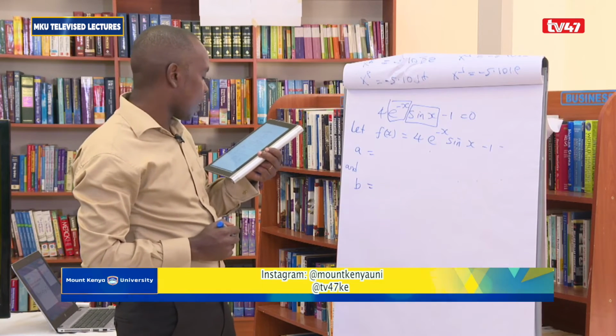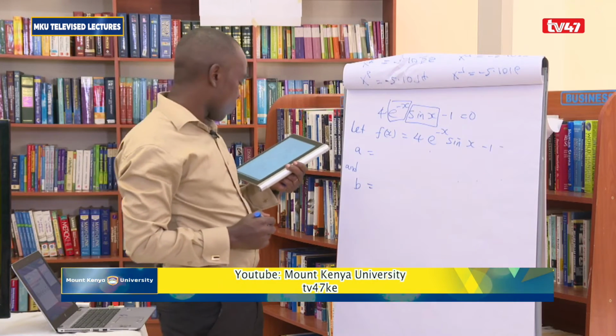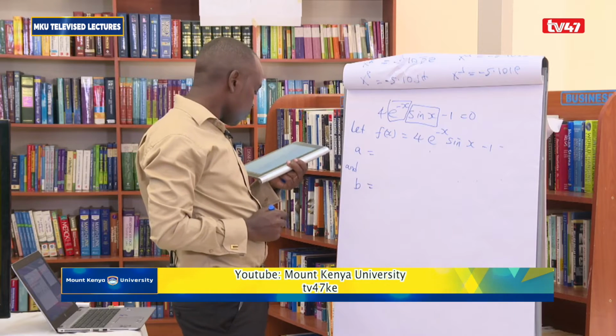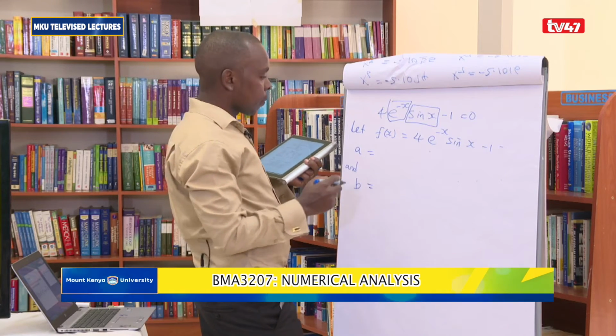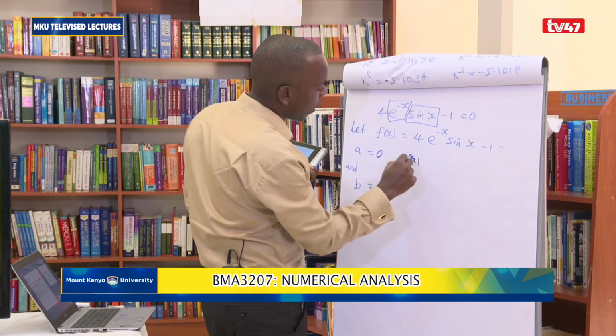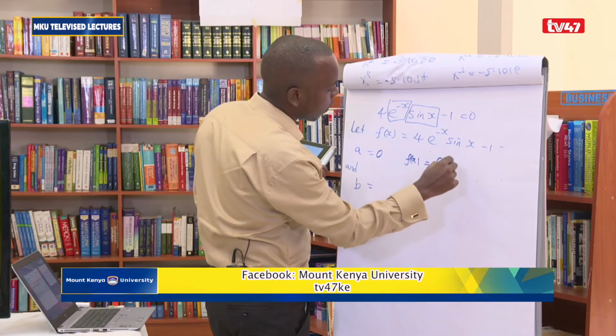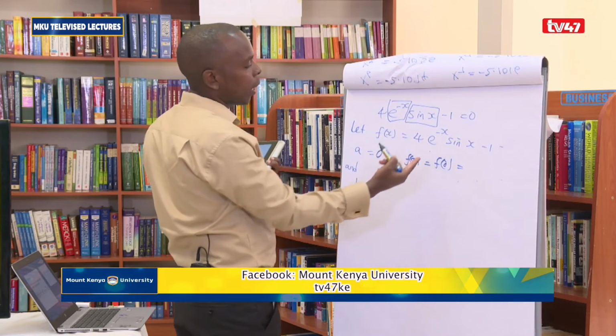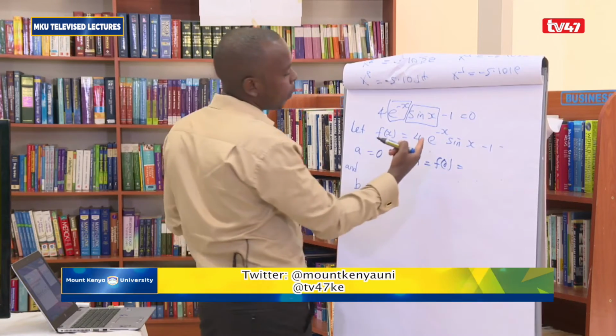So let us start with a value 0. Let a be 0. So what is f of a, which is f of 0? We plug in 0 in our equation. Exponential to the power 0 is 1.